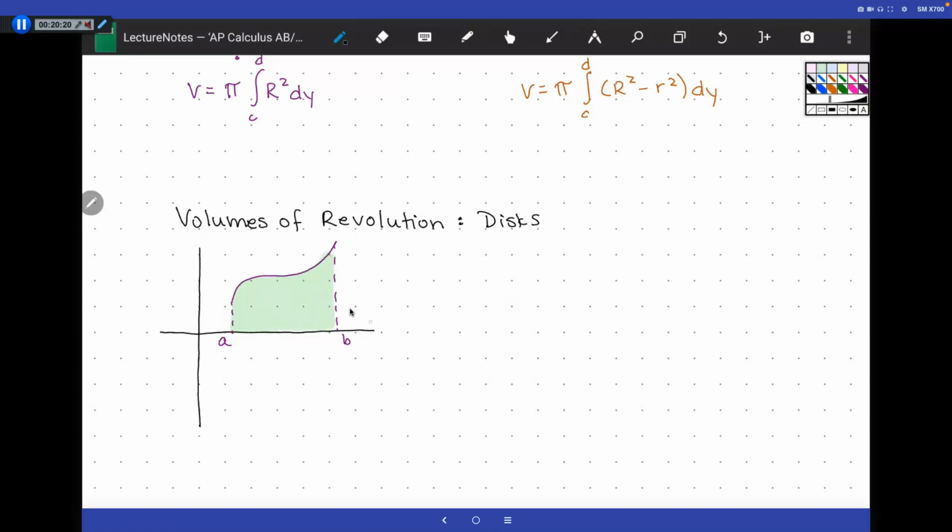And in this case, we're going to rotate about the x-axis. So as it rotates, it's going to make kind of this vase shape on its side.